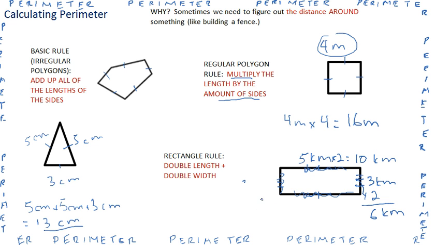So I'm just going to add all of them up. 10 kilometers plus 6 kilometers equals 16 kilometers. And that is the perimeter. So you just find out one length, double it, find the other length, or in this case the width, double it, and add them together. And that's how you find the perimeter of a rectangle.